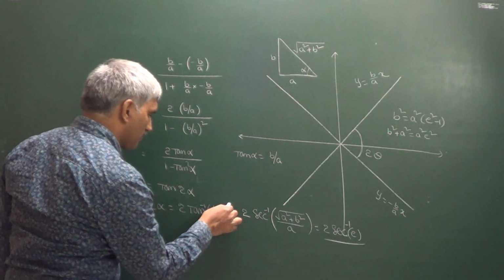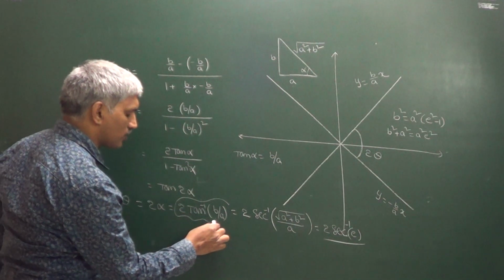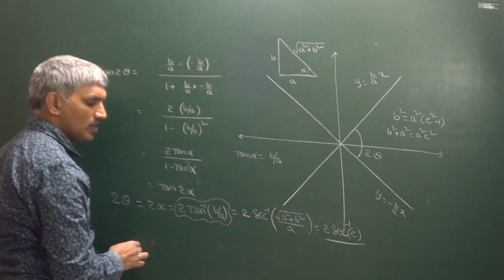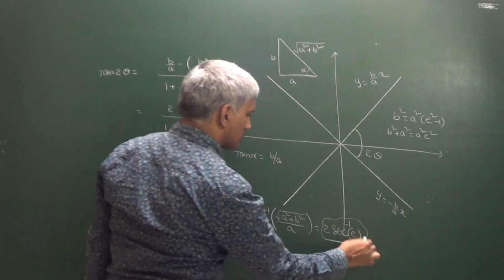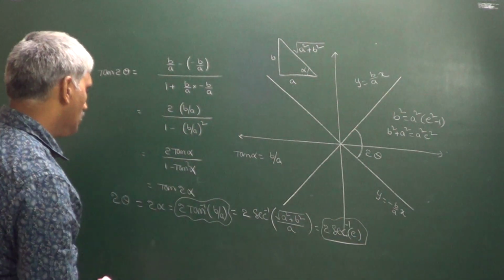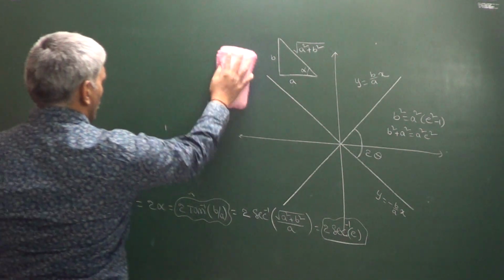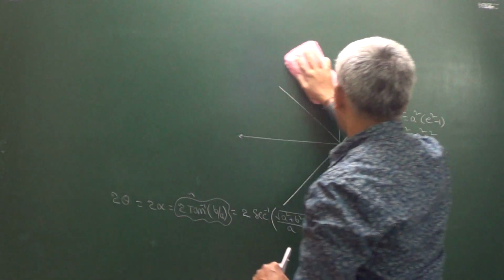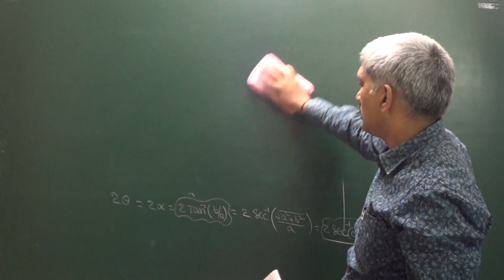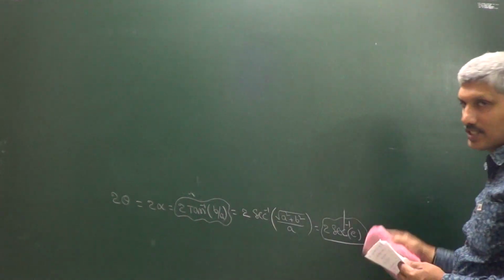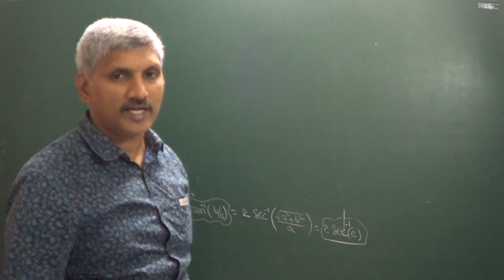So 2 times secant inverse of e is the angle between asymptotes. So the angle between asymptotes of a hyperbola, we can say, is 2 into tan inverse of b by a, or we can also say it as 2 into secant inverse of e. Right? Now, what is a rectangular hyperbola? Rectangular hyperbola means the length of the conjugate axis is the same as the length of the transverse axis. Transverse axis length and conjugate axis length must be the same.